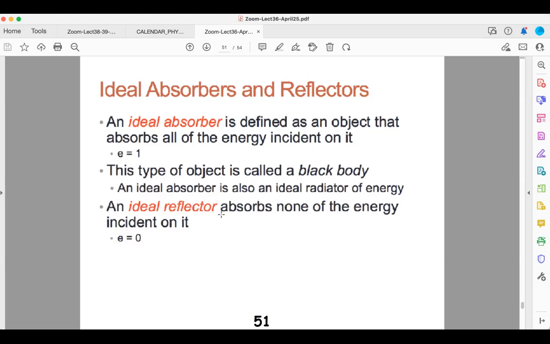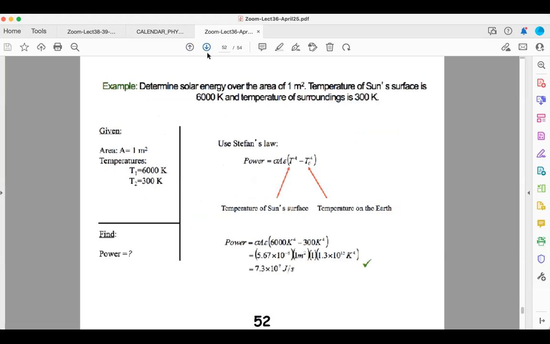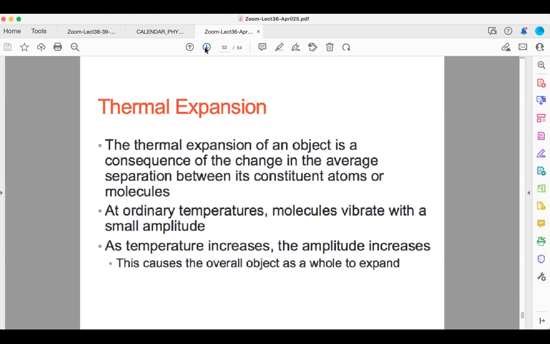An ideal reflector absorbs none of the energy incident on it. So this is an ideal absorber, an ideal reflector, and this is a black body: an ideal absorber and also an ideal radiator of energy. We don't need to see this example because you are not going to use it.